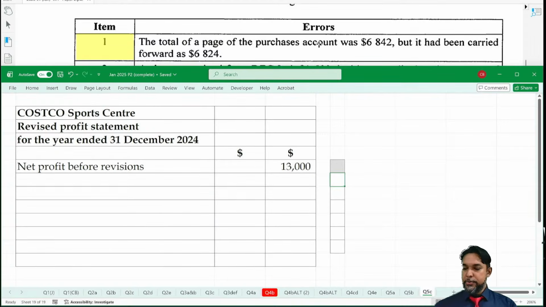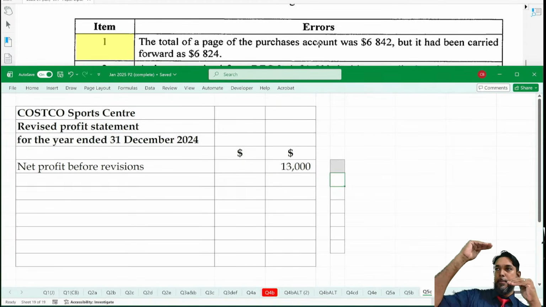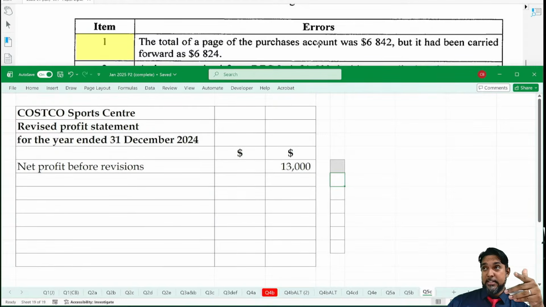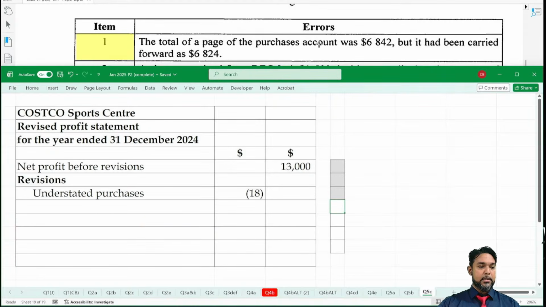So when you fix that shortage of 18, purchases is going to go up. Purchases is an expense. And when expenses go up, what happens to the profit? It goes down. So you're going to subtract that understated purchases, or correction of understated purchases. Now you don't have to use minus signs or plus signs, but you could say less if you want.